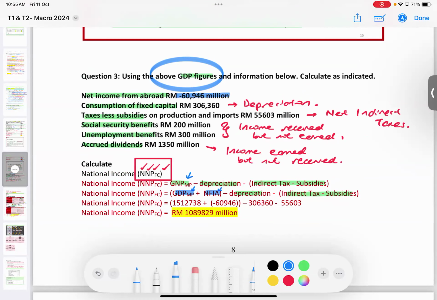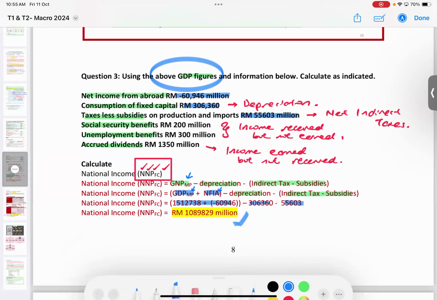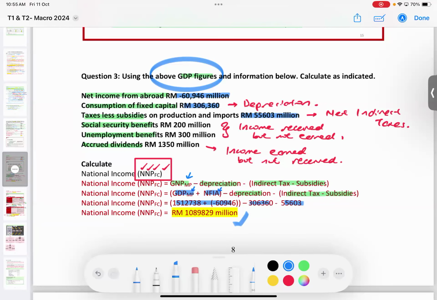Minus depreciation, this one, and minus net indirect tax, this one. So at the end you get these answers. You are just using the formula.